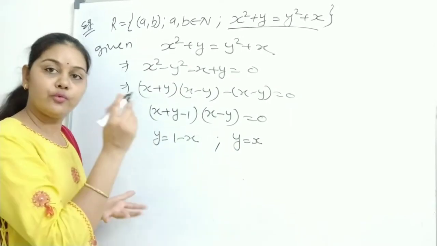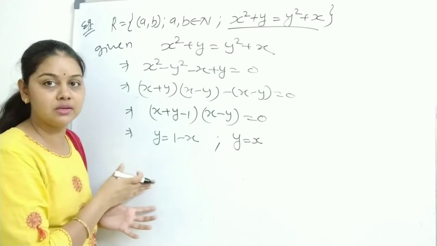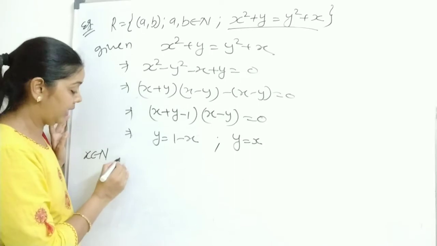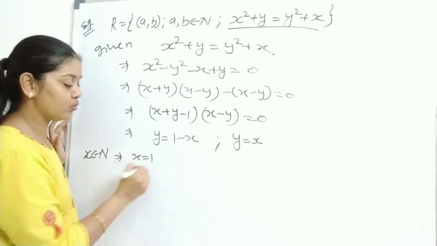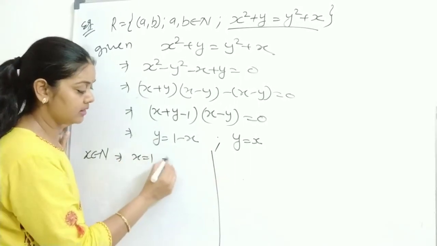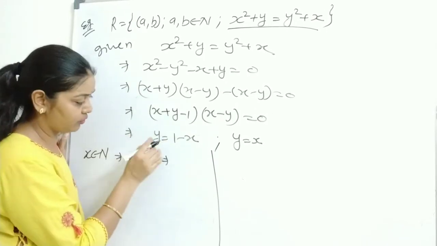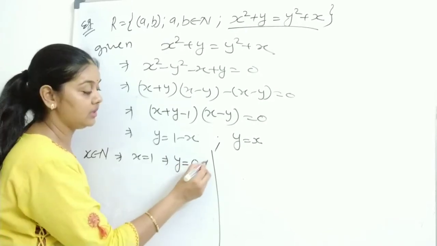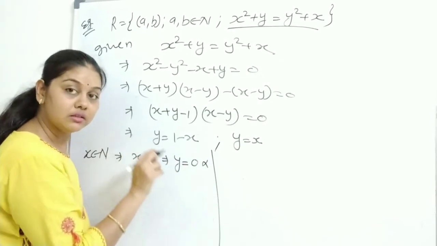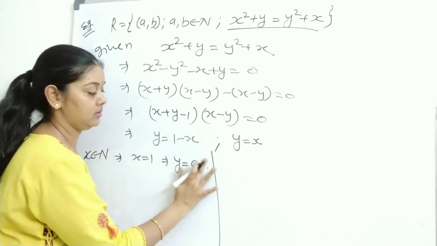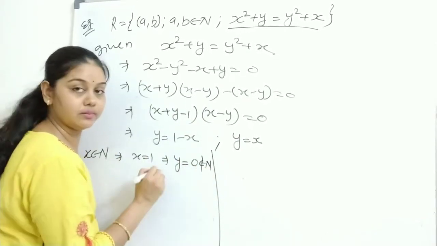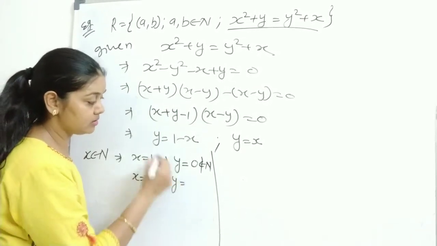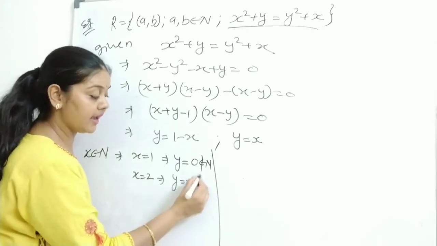Now, to find all the images for natural numbers: since x belongs to N, the set of natural numbers, taking x equals 1 in the relation y equals 1 minus x, we get y equals 0. It does not belong to N. The relation is from N to N. When x equals 2, y equals minus 1. It again does not belong to N.